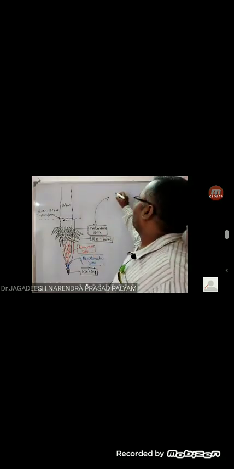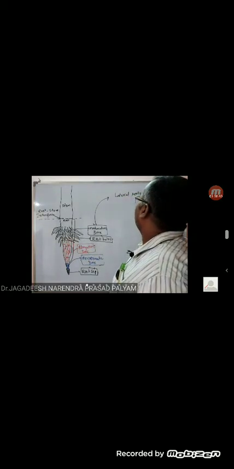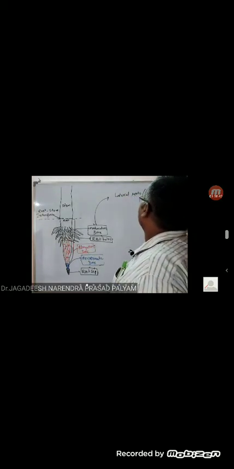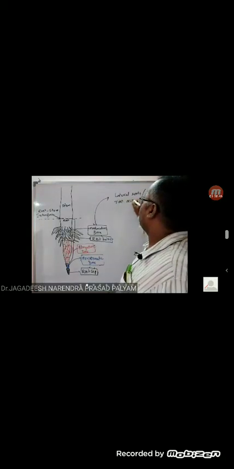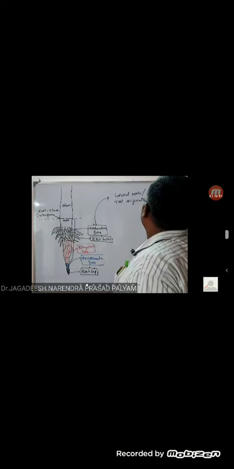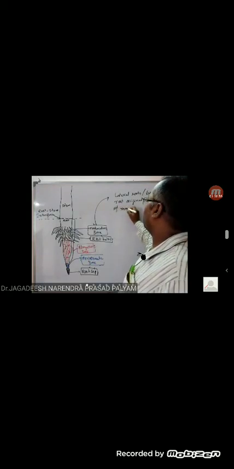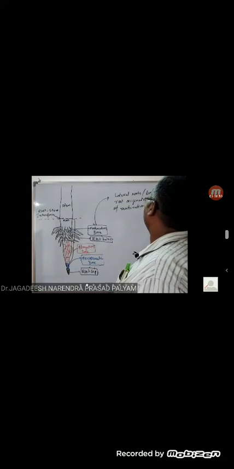In the maturation zone, lateral roots or branches of root originate from the pericycle of the maturation zone. This is very, very important.